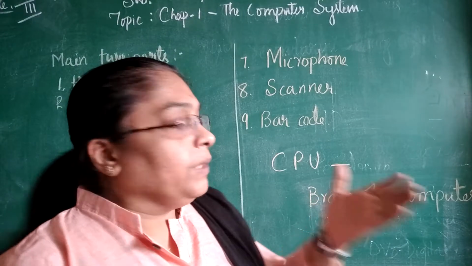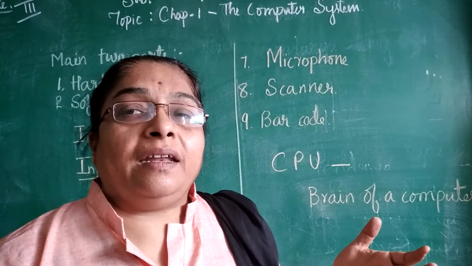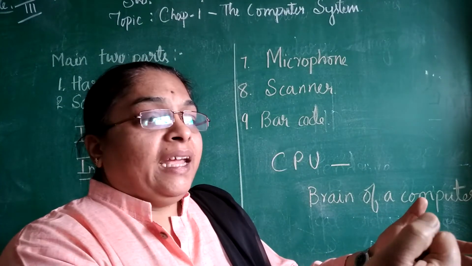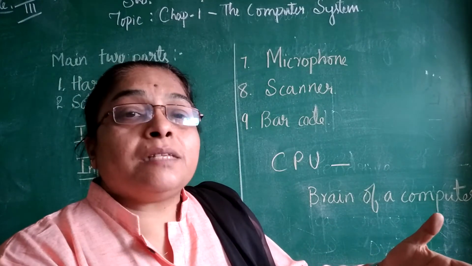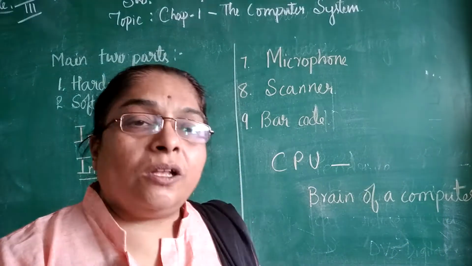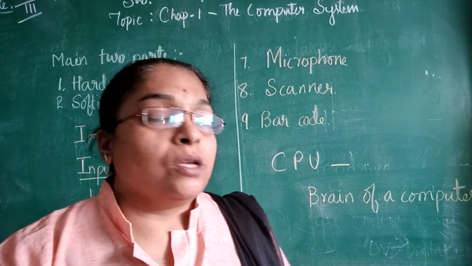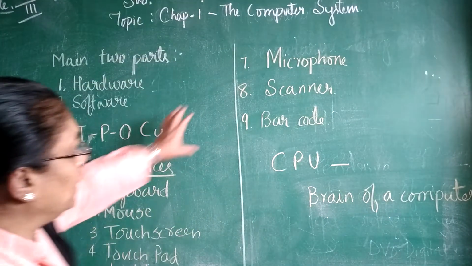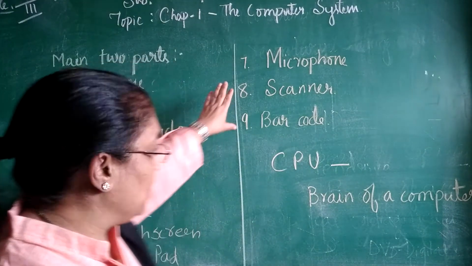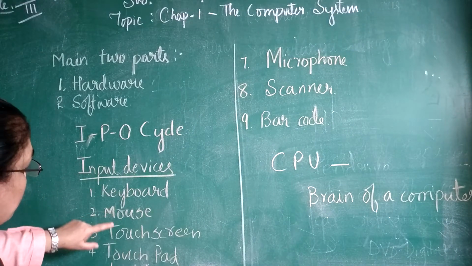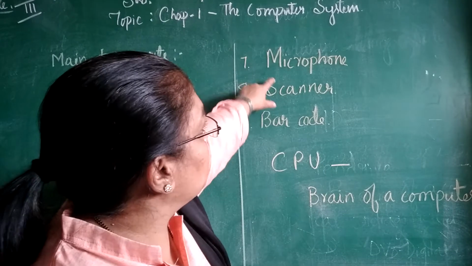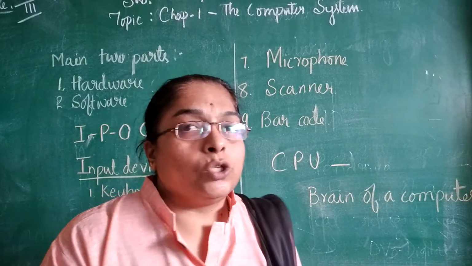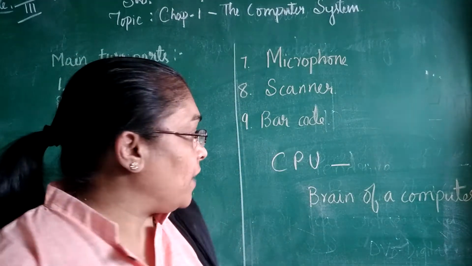When you buy a product in any shop, they take one handheld device and scan it. That is a barcode scanner. That is also an input device. So children, there are totally 9 input devices. They are keyboard, mouse, touchscreen, touchpad, light pen, joystick, microphone, scanner and barcode. So children, these are input devices.